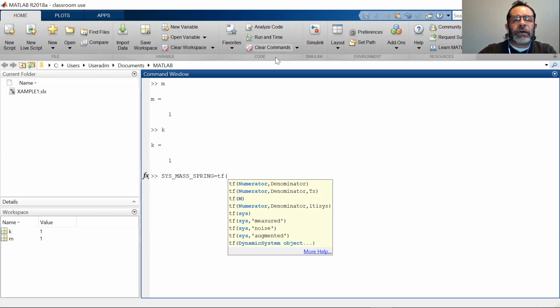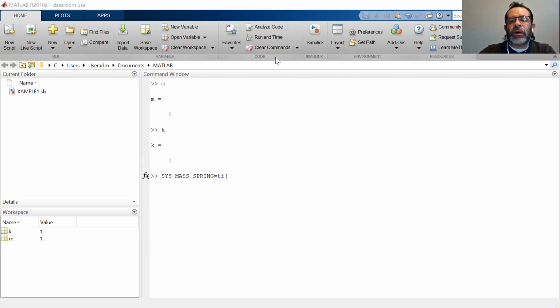I'm just going to write it down over here so everybody remembers. The transfer function that we are working with is G of S equals 1 divided by MS squared plus K. That's the transfer function we want to define. So the numerator for this transfer function is 1.